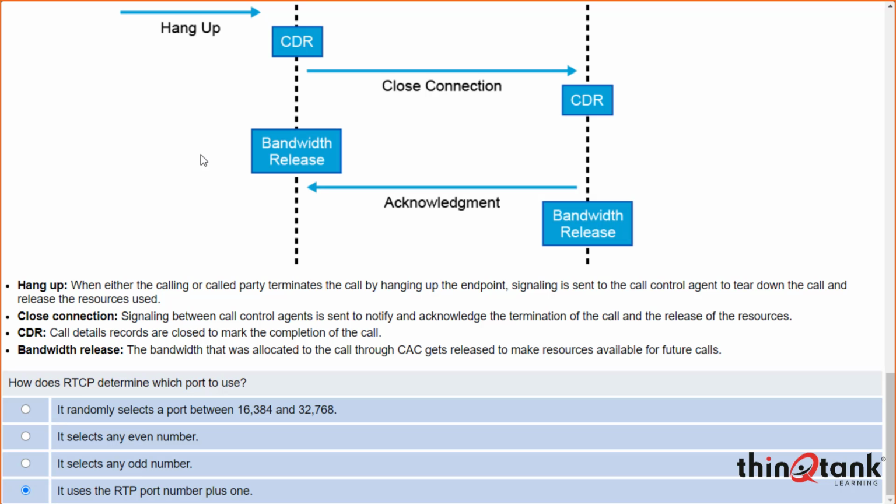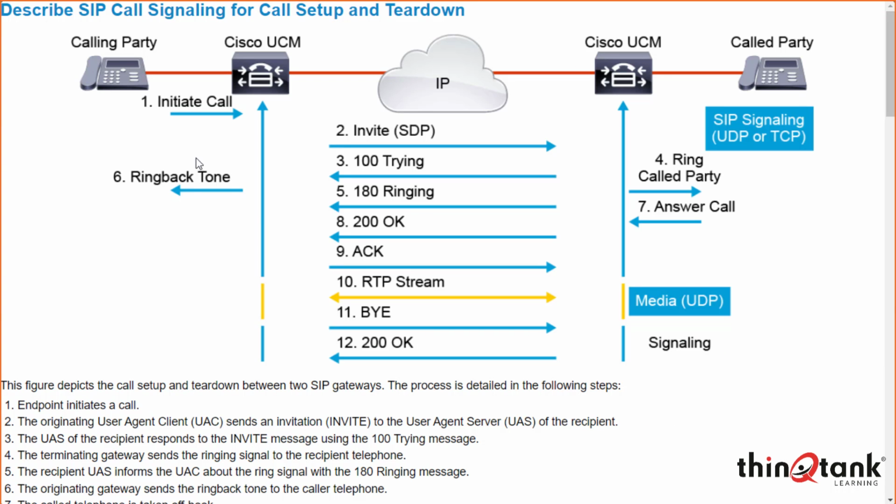So now let's take a look at the SIP calling and setup and teardown for a SIP call. Again, like I mentioned before, we could use Skinny. Cisco tends to talk less about Skinny, even though it is technically their protocol. They talk a little bit less about Skinny because it's kind of being phased out.